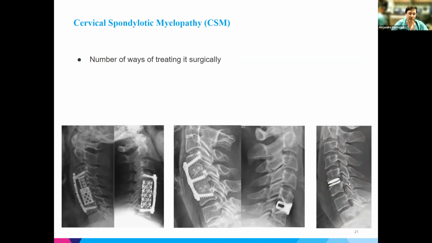And then on the right, this one is perhaps less utilized. So bonus points if you know what this procedure is here on the right-hand side. Yeah, it's definitely again an implant for the disc.